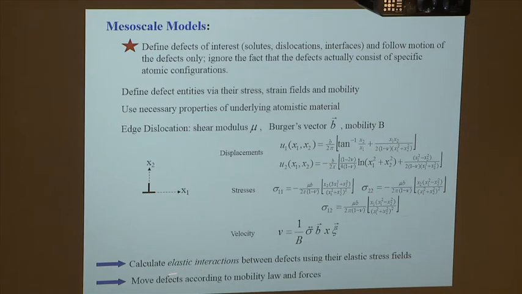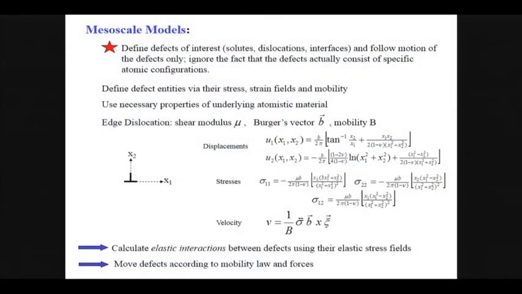And so we calculate the interactions between the defects, and then we move them around according to the force and the mobility and evolve the system. And now we're only following the defects, not all the trillions and trillions of atoms. So the things we have to keep track of are many fewer, and we're just moving them in this case for dislocations, in a very simple over-damped way, but that's the way dislocations behave.